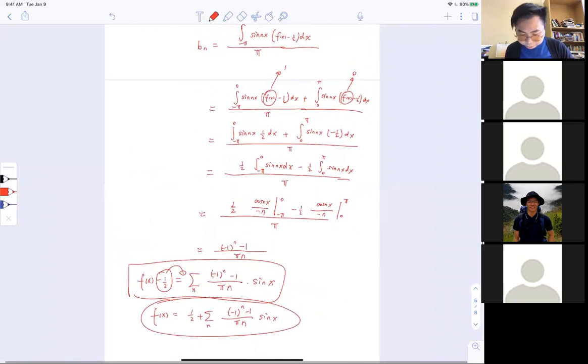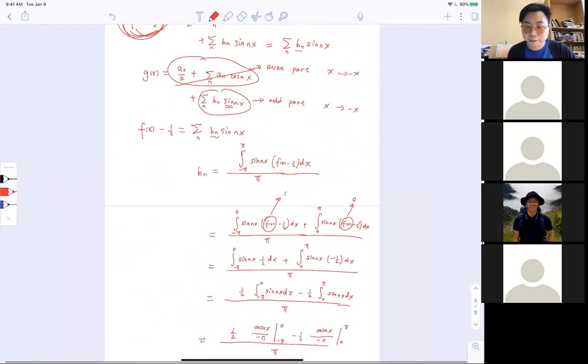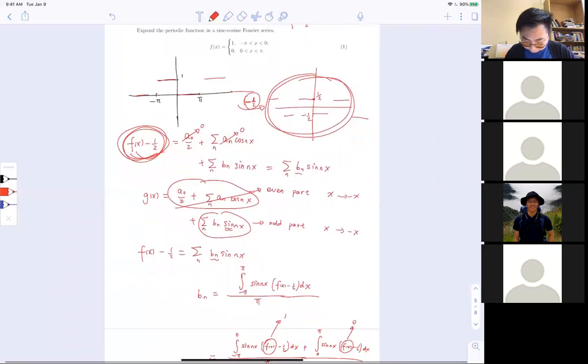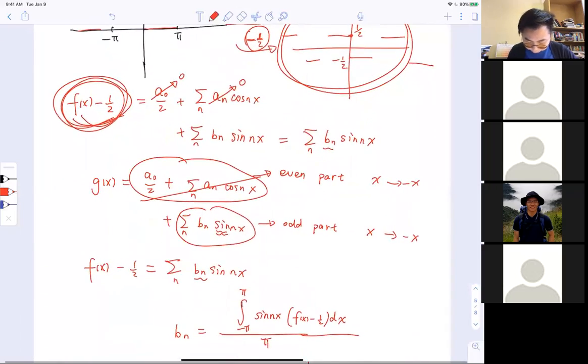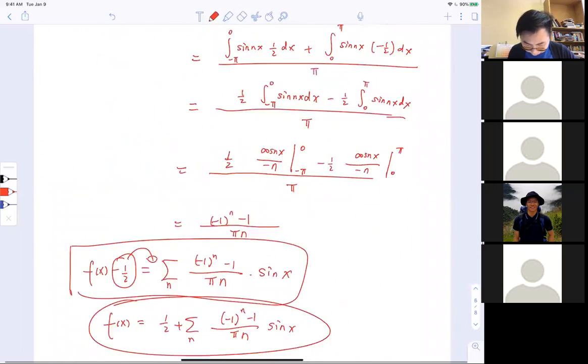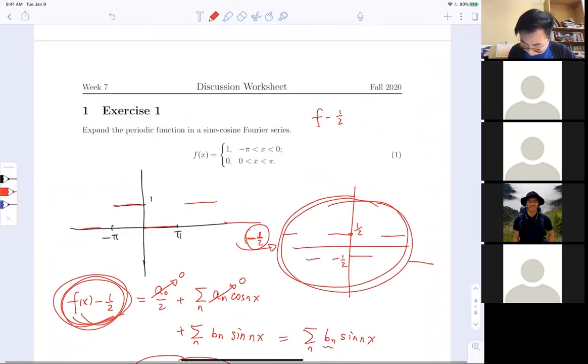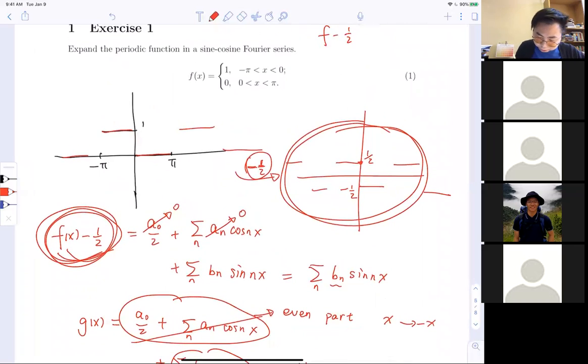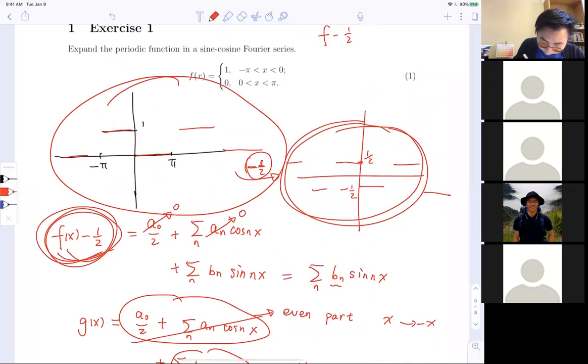So any question about this problem? Sorry, how did you get f minus 1/2 in the beginning? Oh, okay. So our original function, the graph looks like this, right? From minus pi to 0 it is 1, from 0 to pi it is 0.